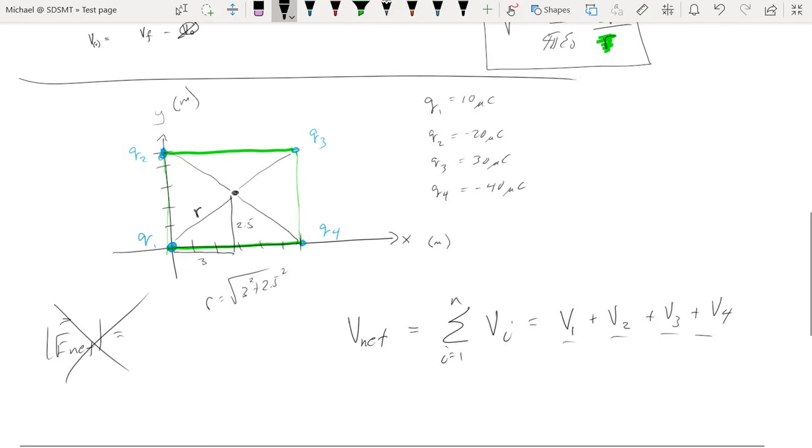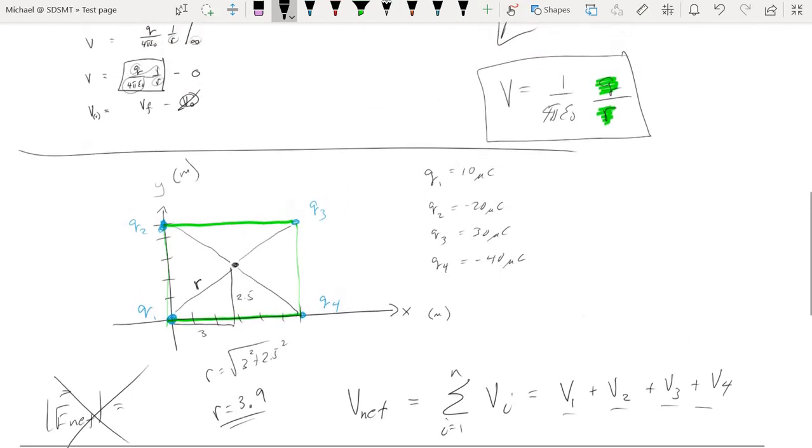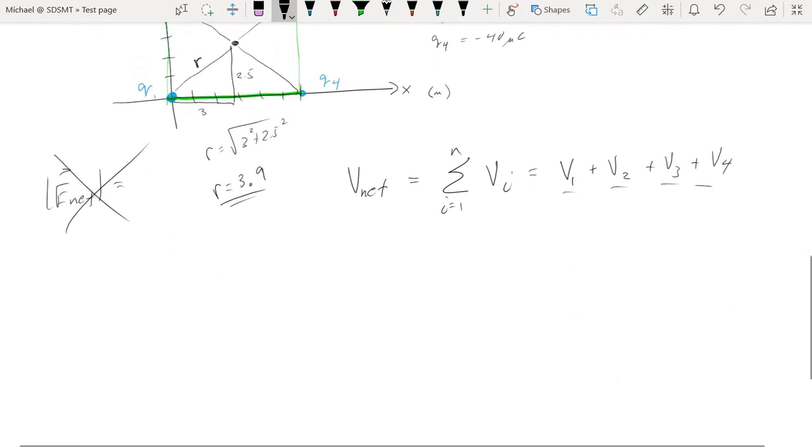I'll get my calculator app up and running. 2.5 squared plus 3 squared, and then we need a square root. And I'm getting 3.9 for the R value. So each charge has the same R value. Each charge is also going to have the same K value out front. The only difference is the individual charges themselves.